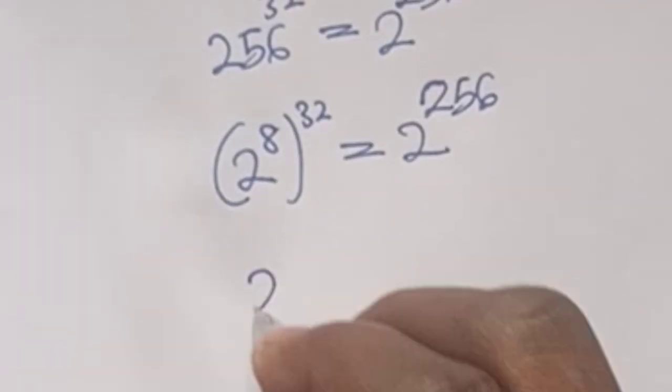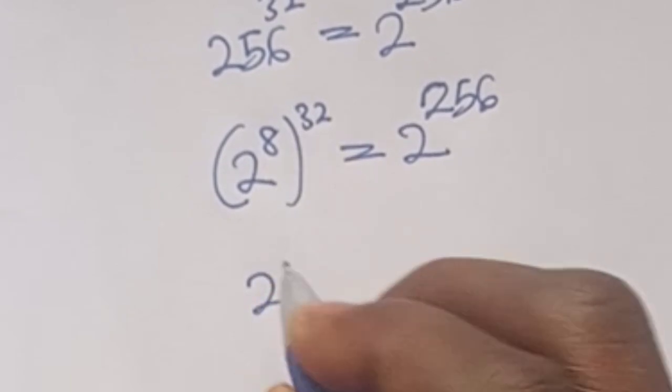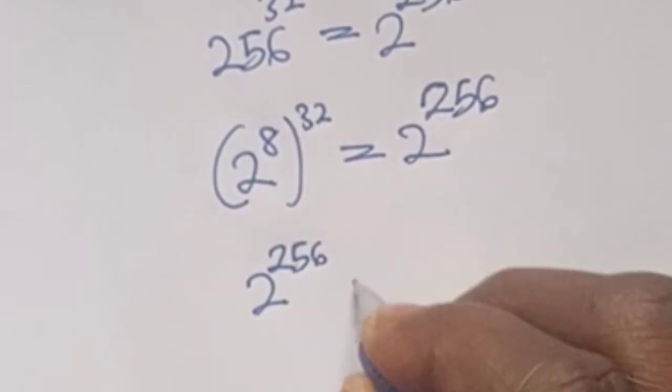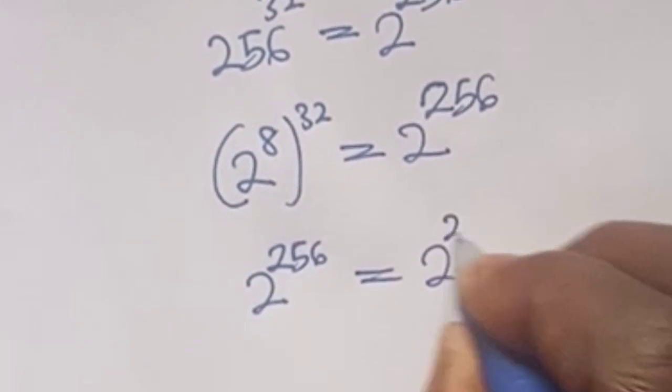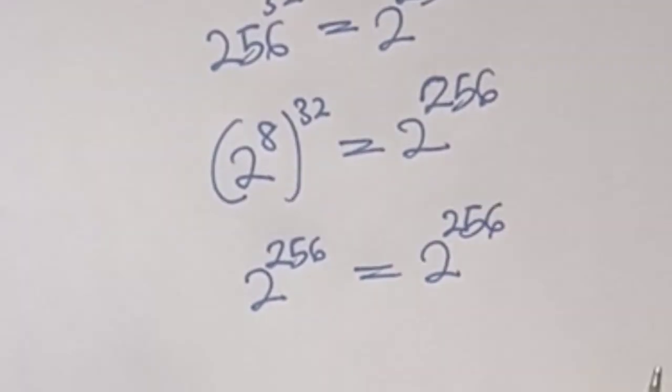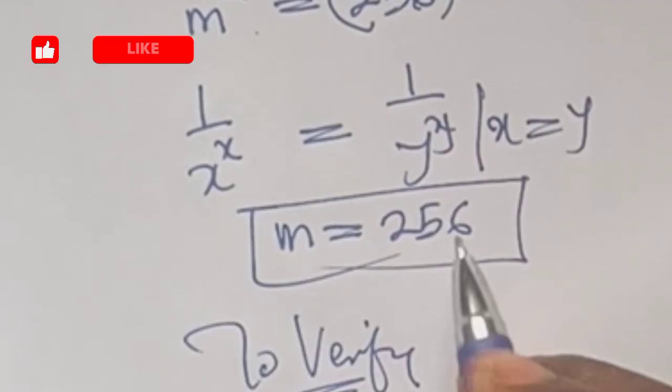And this can be written as 2 to the power of 8 times 32, that is 256, equals 2 to the power of 256. So it is true that the value of m is 256.